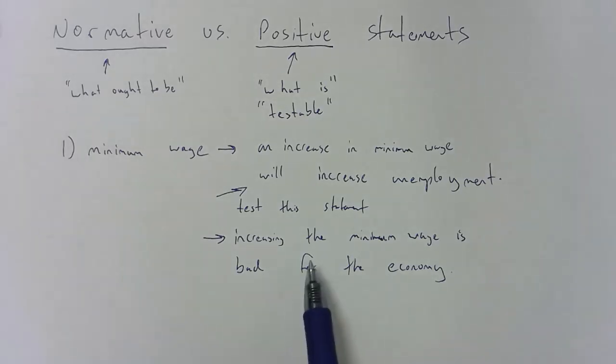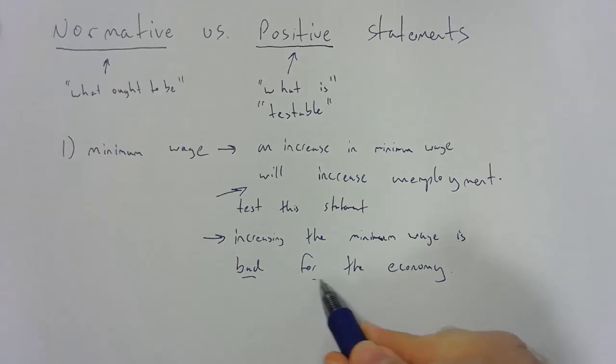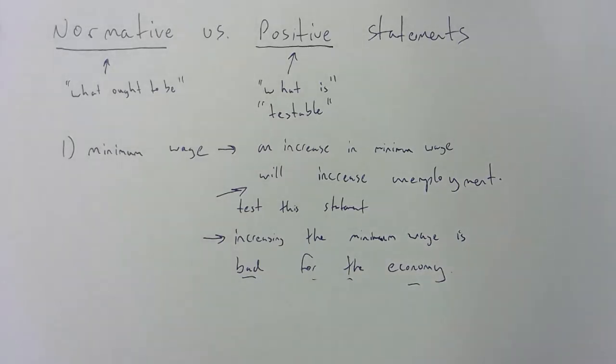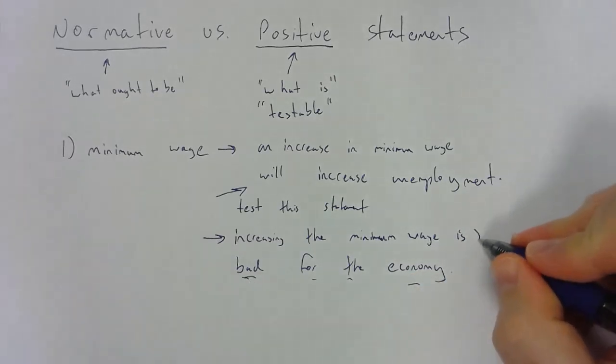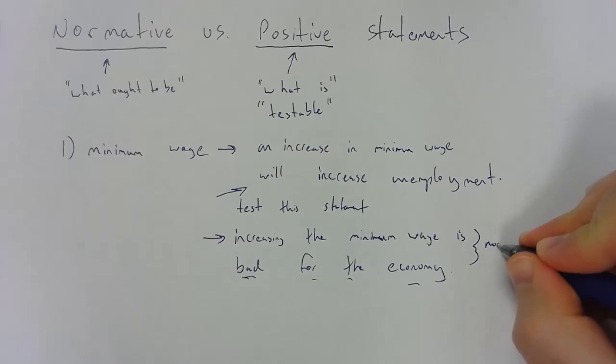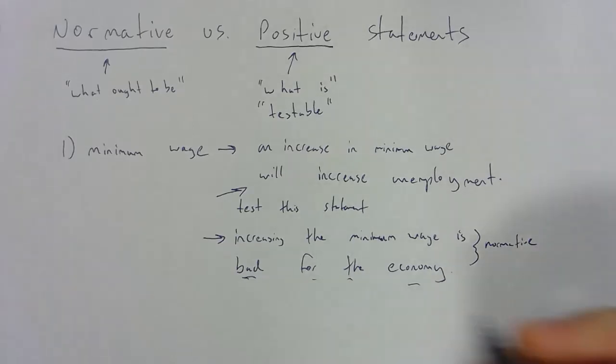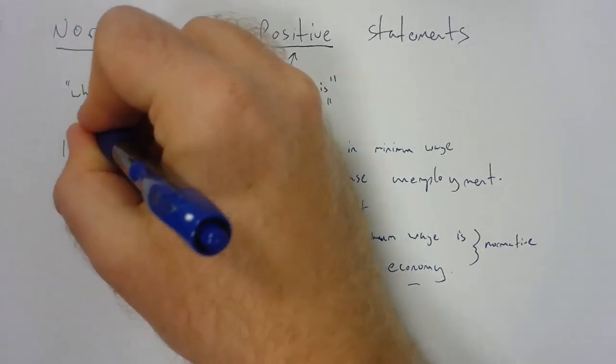We don't know what bad for the economy really is. Is bad for the economy an increase in unemployment? Is bad for the economy a decrease in GDP per capita? We don't really know what this bad for the economy is, so this is an example of a normative statement. It is an opinion or belief.